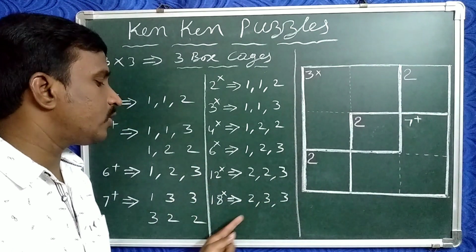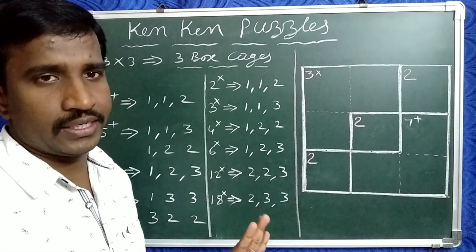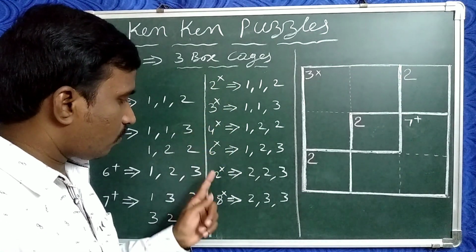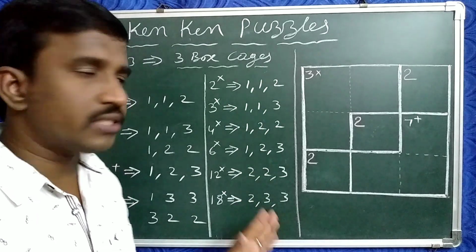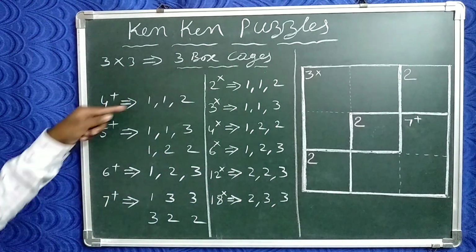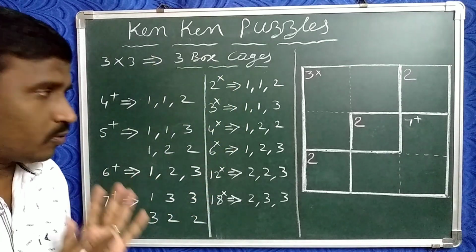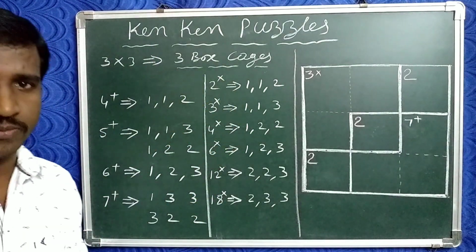Similarly, 18 into means 2 3s are 6, 6 3s are 18. So multiplication possibilities 1, 2, 3, 4, 5, 6, and plus possibilities 1, 2, 3, 4, 5, 6. Total 12 possibilities.